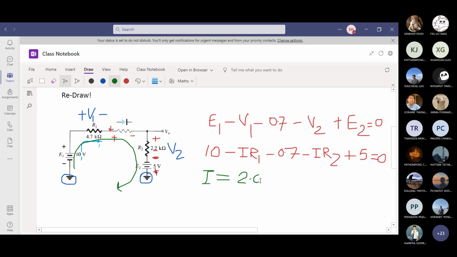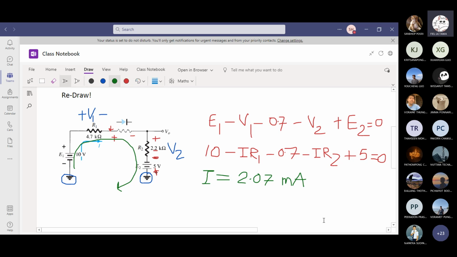Do you get 2.7 milliamp or 2.07? So waiting for you to confirm the value of I.